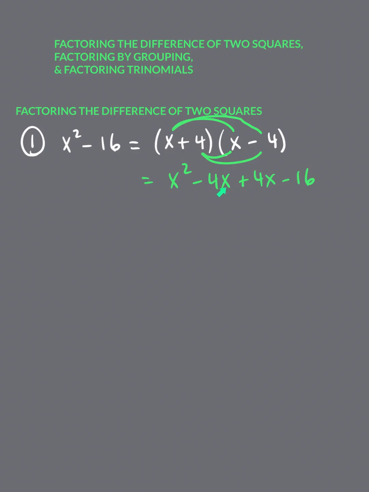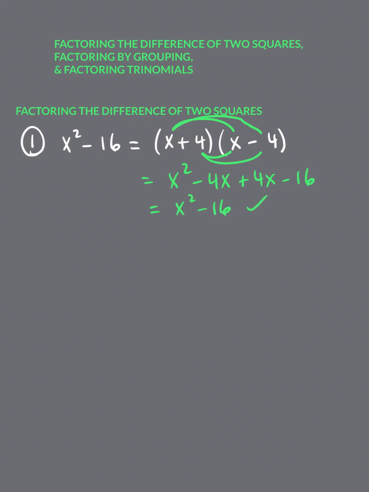Now this is always going to happen when you factor this way and you have the exact same terms in both parentheses with a plus and a minus, then those middle terms will always cancel out. So this is equal to x squared minus 16.